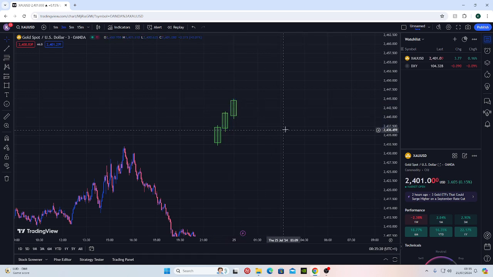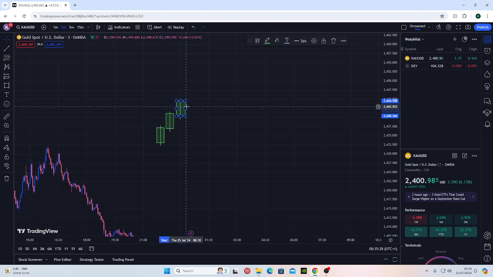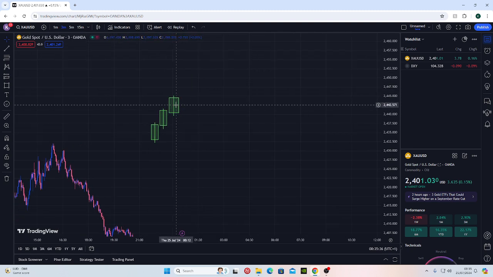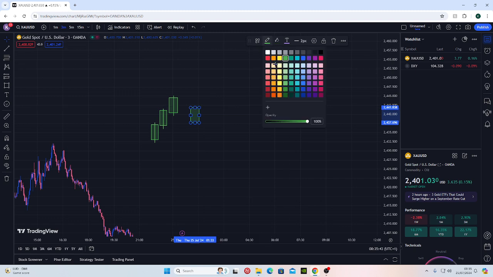Okay, so obviously your green candles mean it's going up, and your red candles mean it's going down. So if we do this, make it red, that's red.